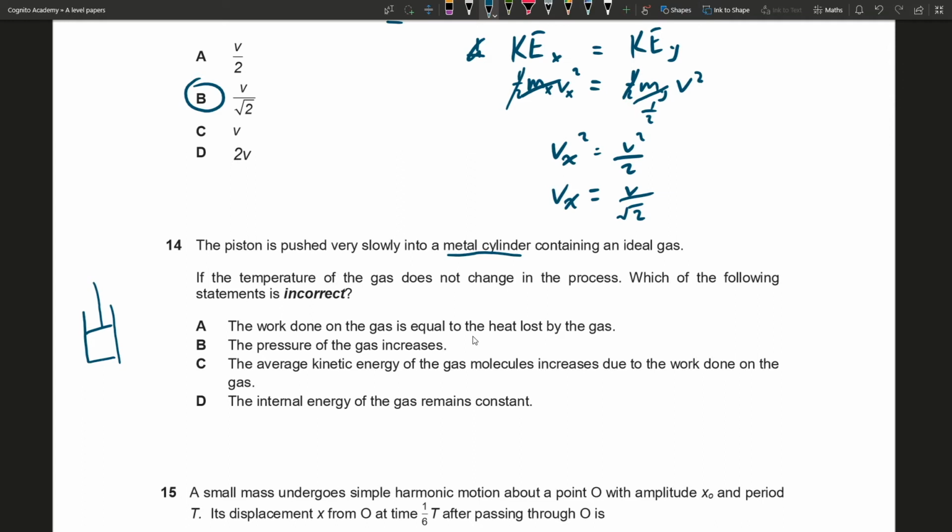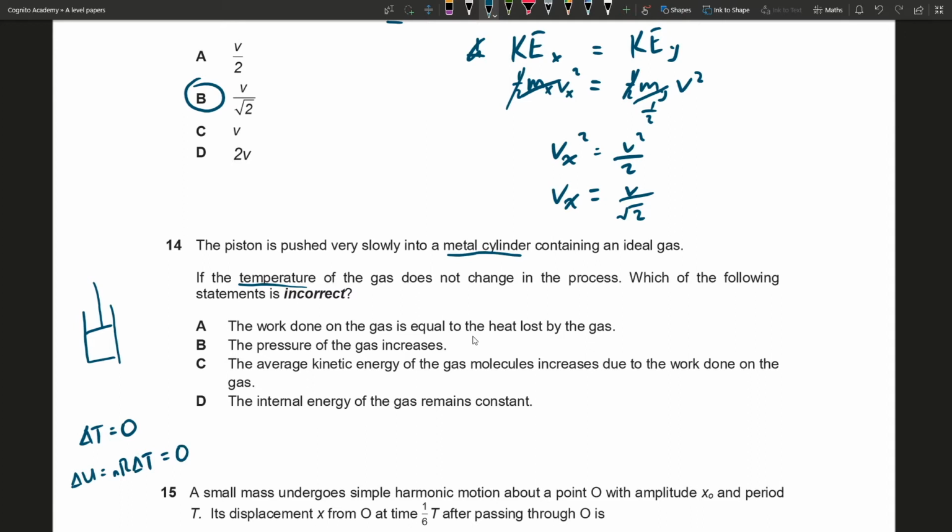First thing we should note is that delta T, our change in temperature, is equal to 0. And because our change in internal energy equals nR delta T, that means the change in internal energy of the gas is also 0.